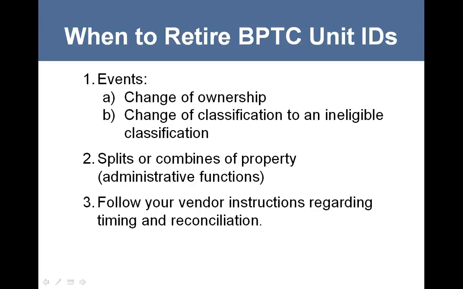Now, you may have a procedure in your office where you're notifying people, but statutorily, that's how it works. The change in ownership is the catalyst for the expiration of that standing application. We might have a change in classification to a classification that's ineligible. There's lots of ways that might happen, but that's definitely something you're just going to have to keep an eye on.